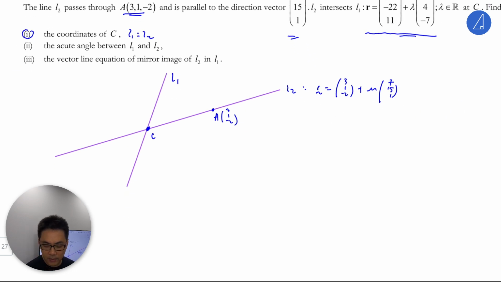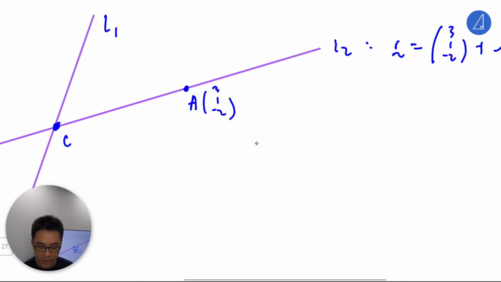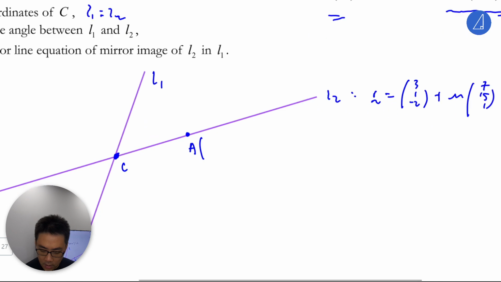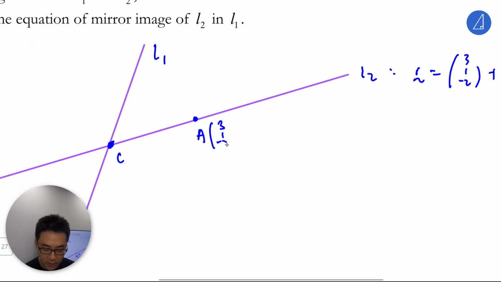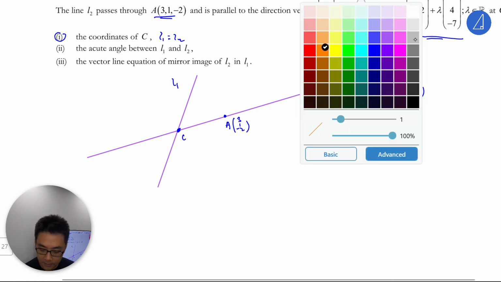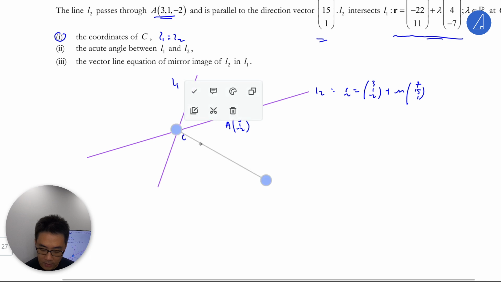I'm not so interested in the point of intersection essentially. I'm more interested in the mirror image. So essentially if they're intersecting, we must be able to find this line, the mirror image of the line in another line.